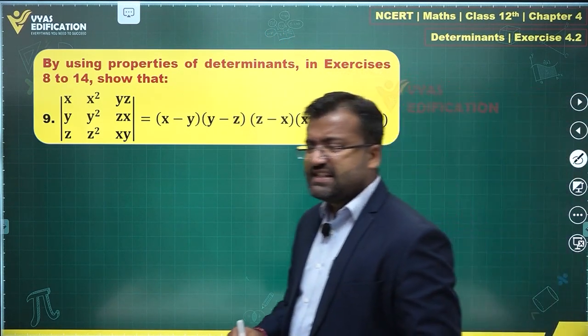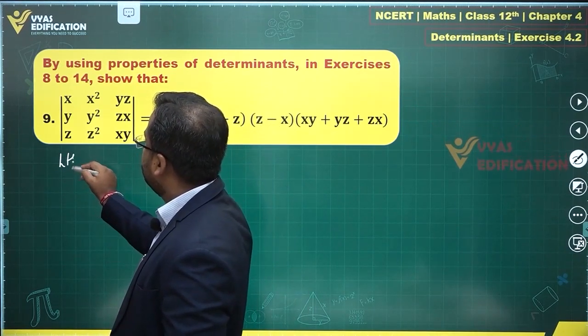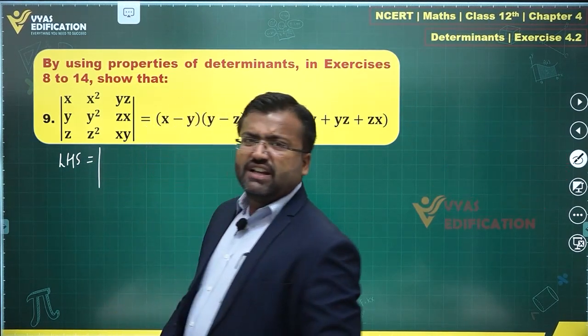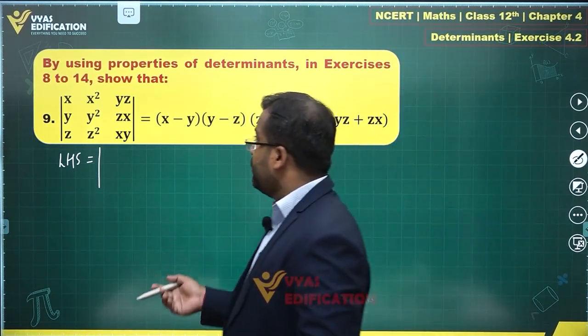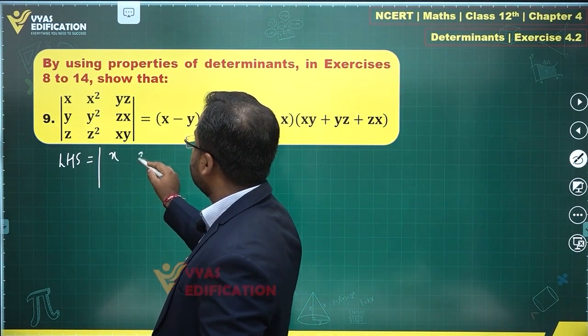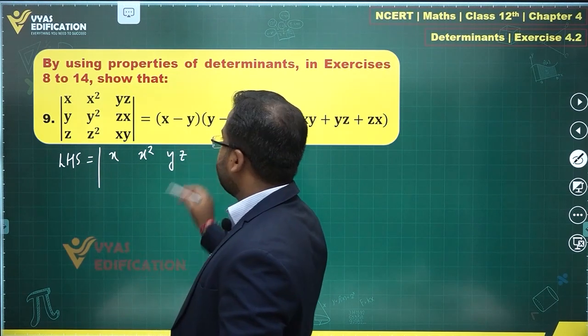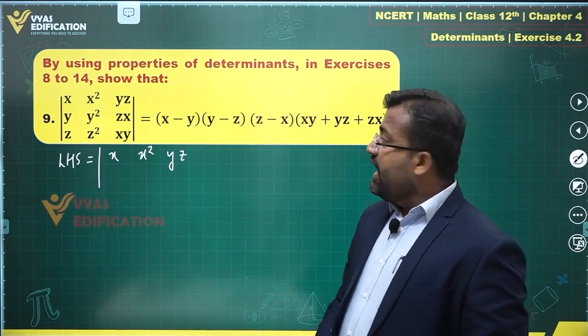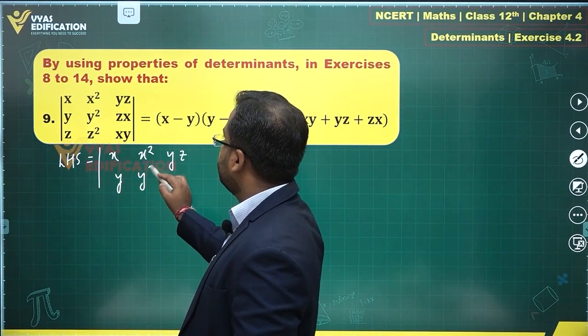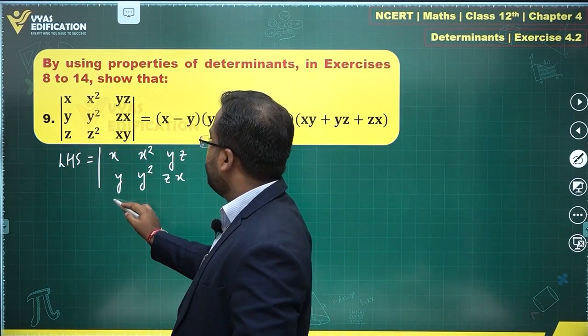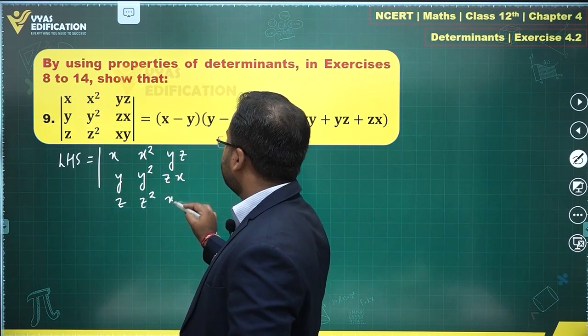We'll begin with the LHS, and in the LHS what do we have? Do we have any ones as we had in the previous few questions? No, we do not have any ones which can be converted into zeros easily. What else? You have x square, yz, then y square, zx, and z square, xy.